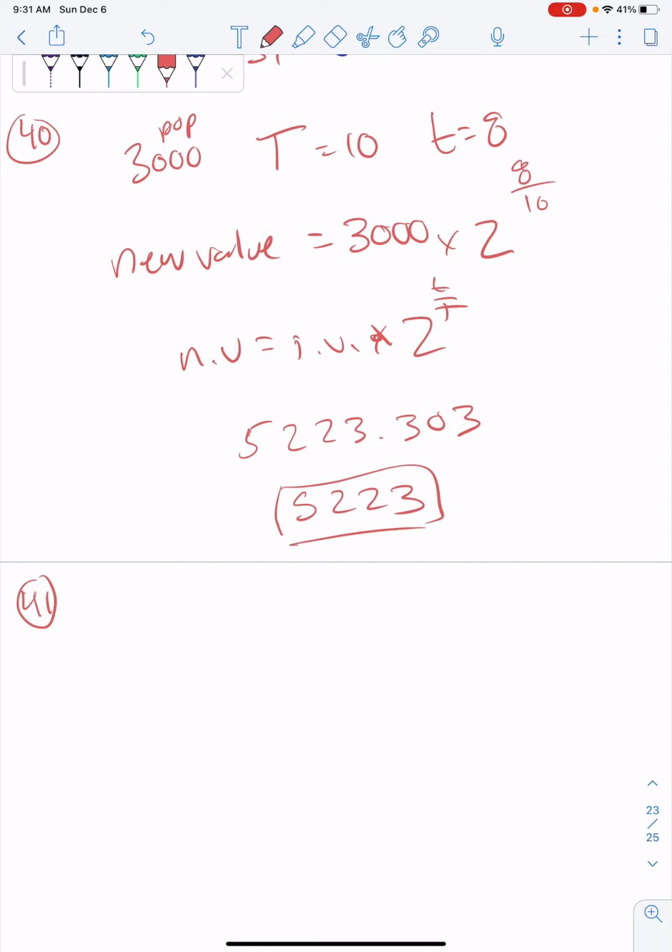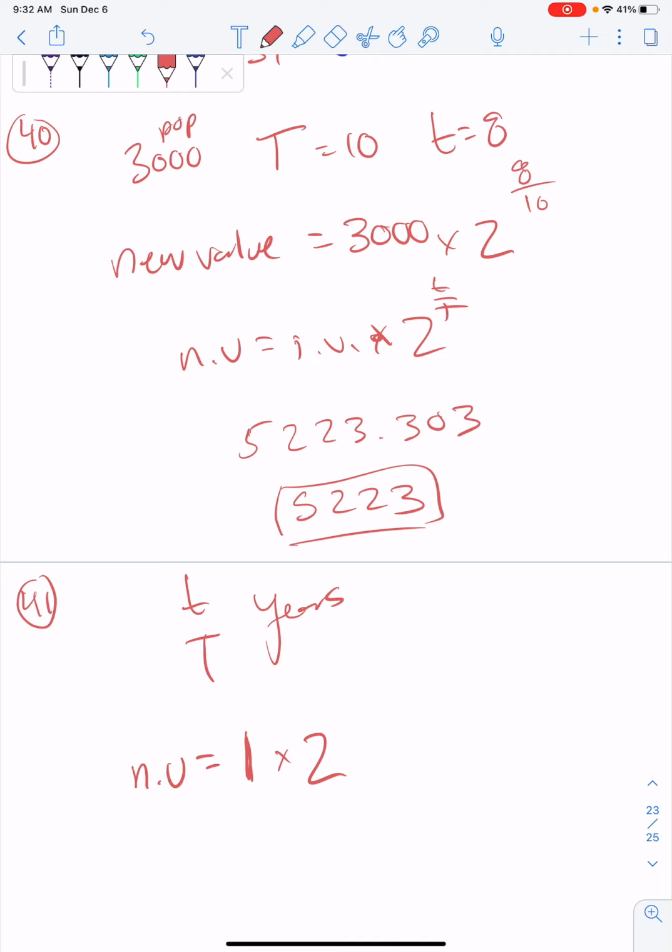Because usually t and big T are in years, but it gives me some of my information in months. So I'm going to turn everything into months. So if I start with a single cell, my new value equals my starting value, which is 1, multiplied by 2 raised to the little t.